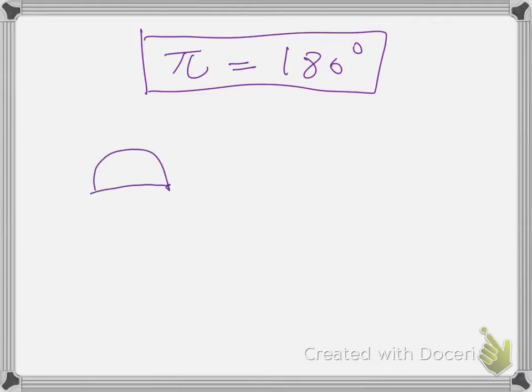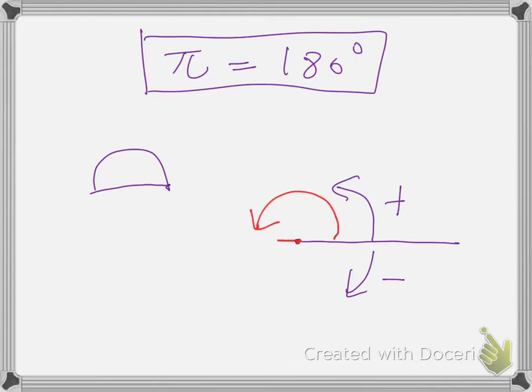So what is an angle? An angle means we start from the initial side and then we rotate. If you rotate this way, that's positive. If you rotate that way, that's negative. Now if you rotate a half circle, you start from the purple line and get the red line.